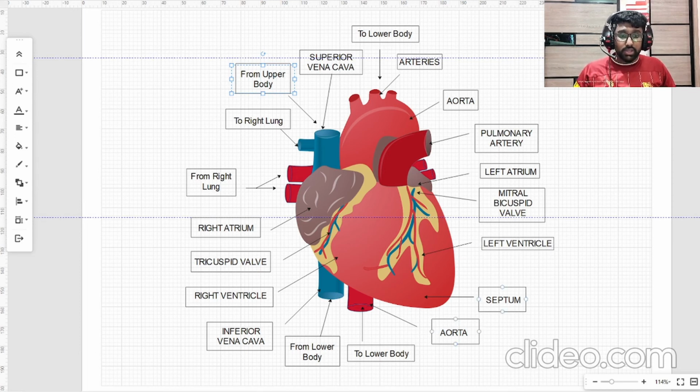The septum is usually located around here between the right and the left ventricle. And then we'll move to the left ventricle over here. The left ventricle is located right above the septum, or usually to the side.